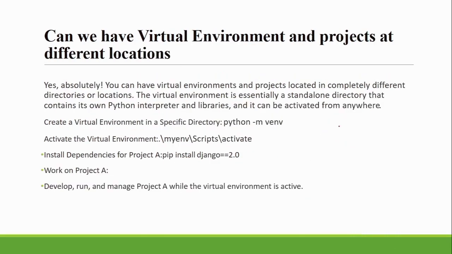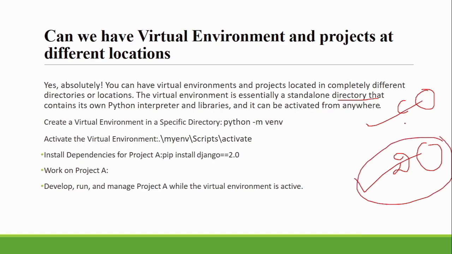Geshan asks: can you have the virtual environment in C drive and your project in D drive? Yes, you can have it. You can have the virtual environment and project located in completely different directories or locations. The virtual environment is essentially a standalone directory or folder that contains its own Python libraries. It can be activated from anywhere. So it's okay, you can have the project in a different folder and the virtual environment in a different folder.